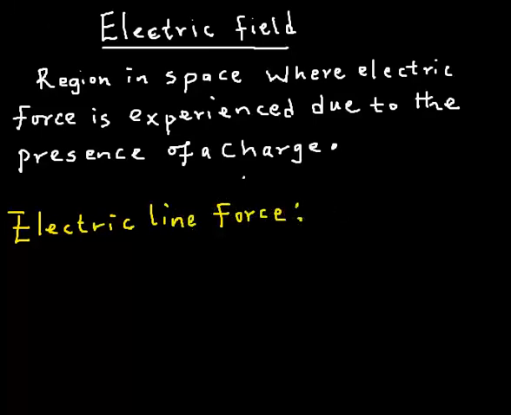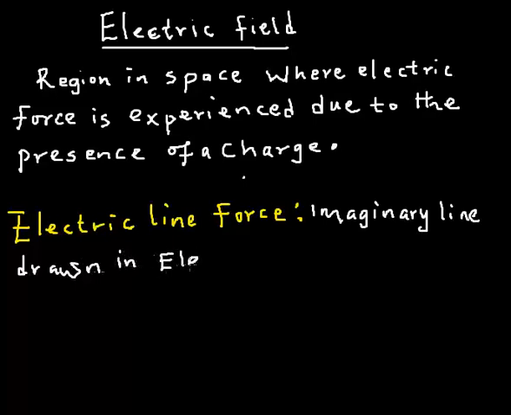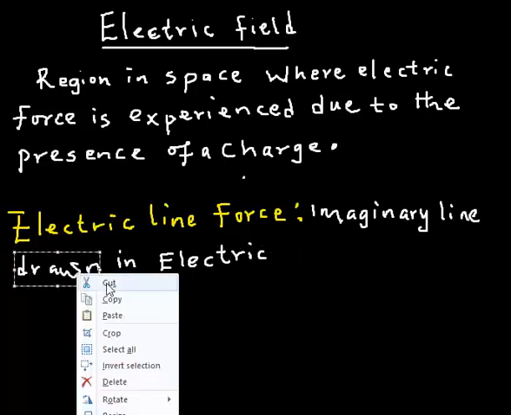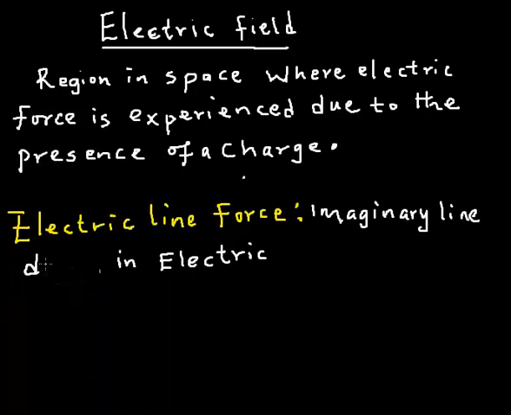So electric line of force is simply an imaginary line drawn in an electric field. That imaginary line shows the direction of the electric force around the region.